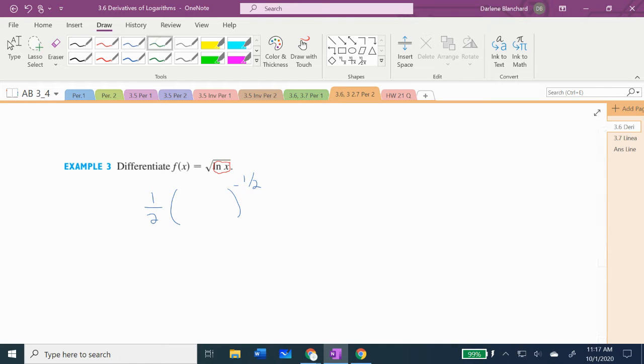Chain rule says, give mommy her baby, and then multiply by the derivative of that baby, and that's 1 over x. And then let's simplify that a little bit. Looks like everything's in the denominator. We have a 2 and an x in the denominator, and a square root of natural log x sitting in the denominator.